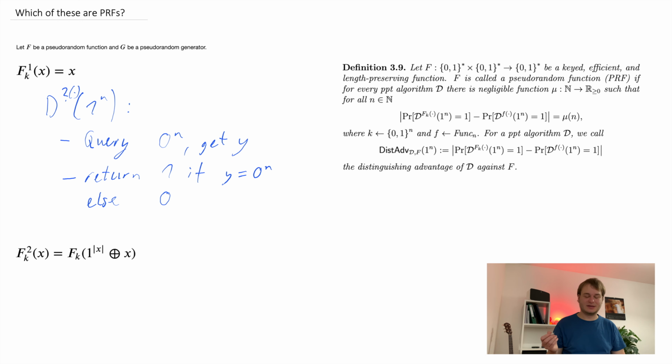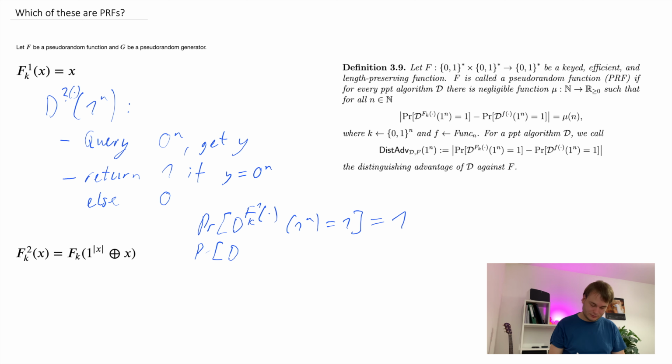So if we formalize this, this would mean that the probability that D, given access to our capital F1, outputs 1, this probability is 1. This will always happen because in the first step he will always get 0.